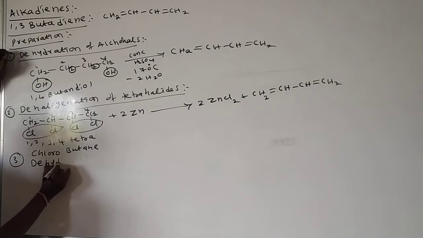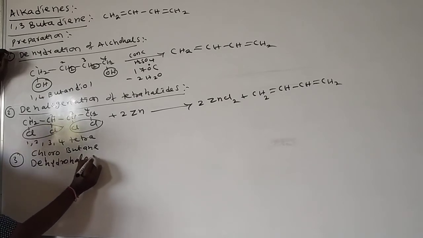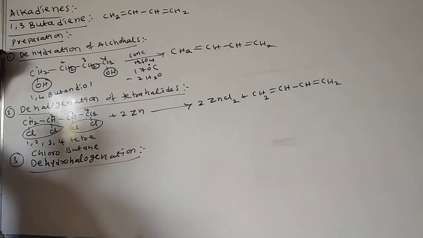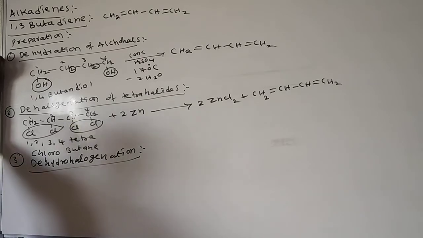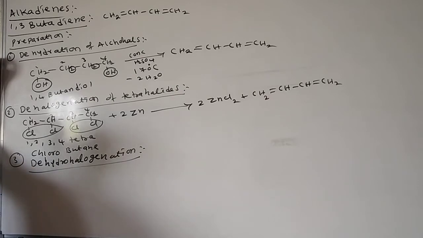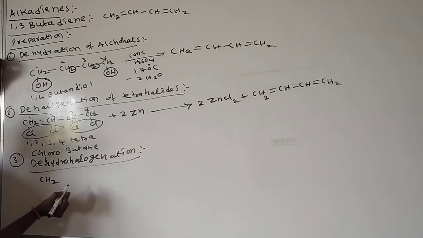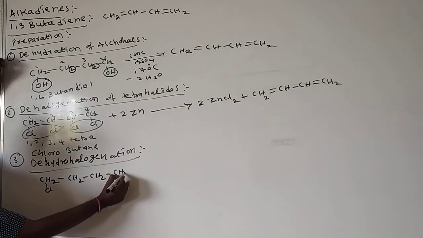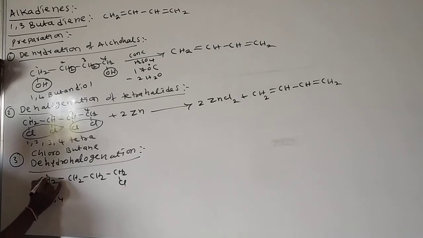Next, dehydrohalogenation. What is the meaning of dehydrohalogenation? Removal of hydrogen and halogen we call dehydrohalogenation. This will occur in the presence of alcoholic potassium hydroxide. Here I am taking 1,4-dichlorobutane, numbering 1, 2, 3, 4.